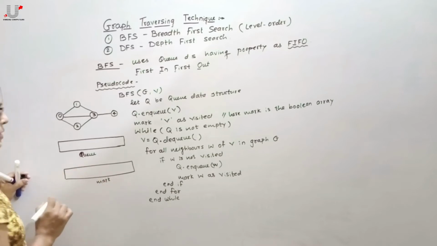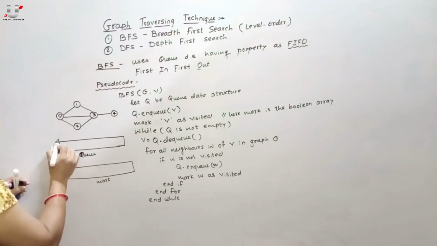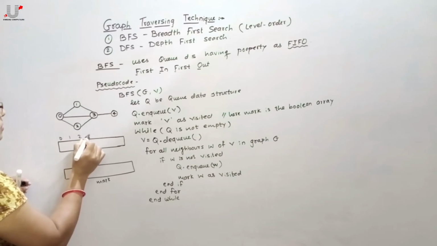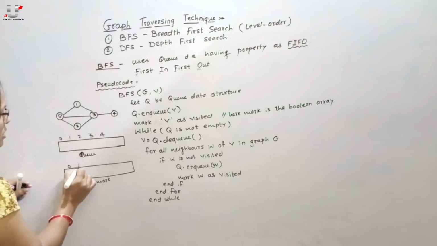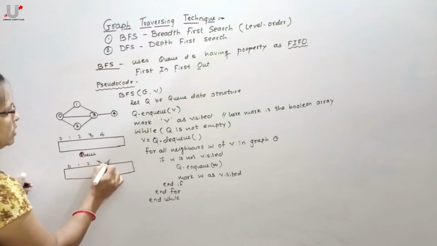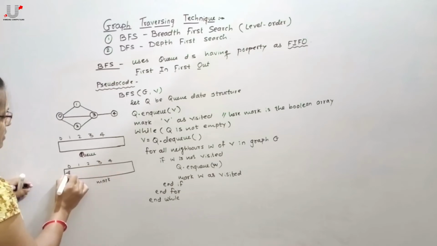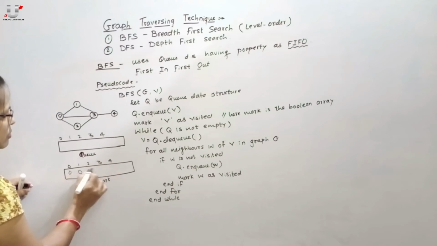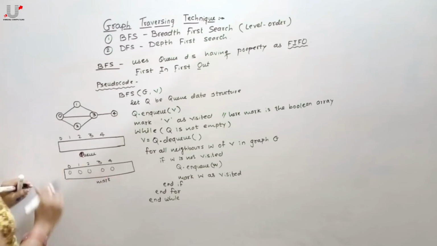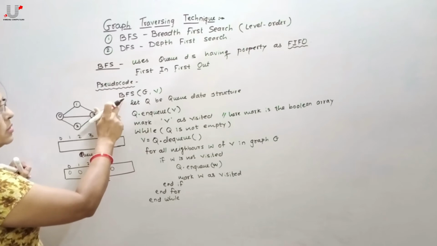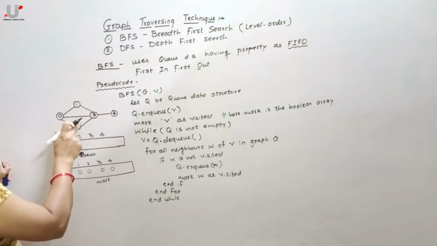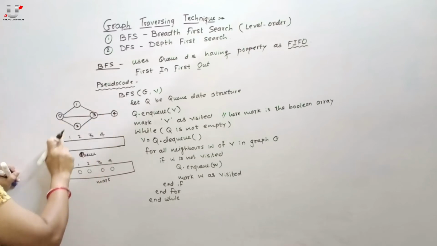The initial status of all the vertices is 0, that means false. Now let us discuss BFS of this graph using pseudocode.